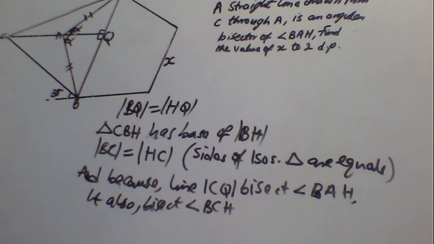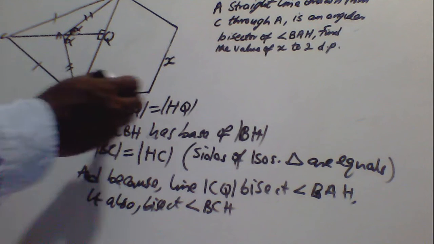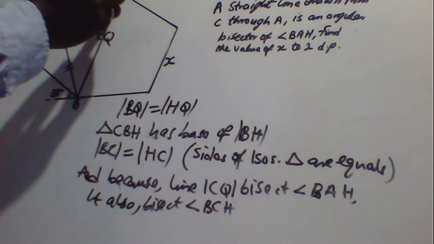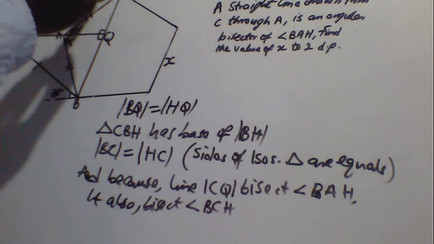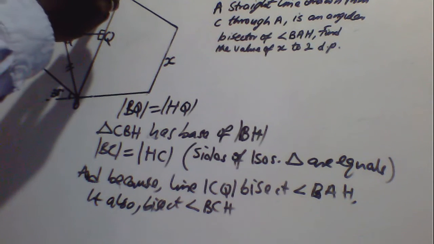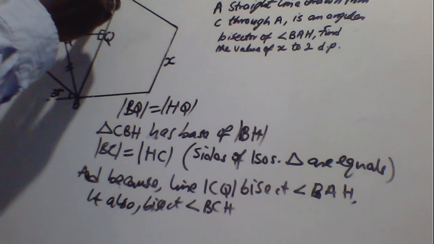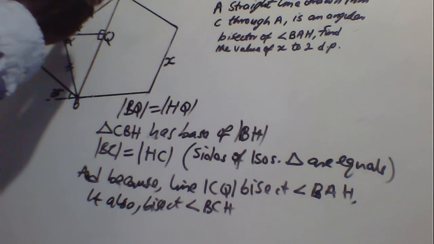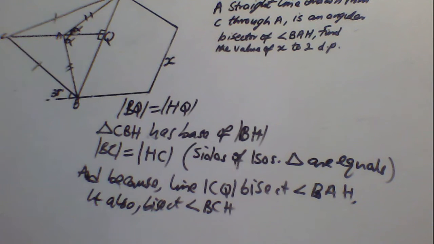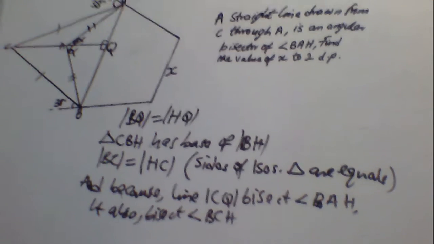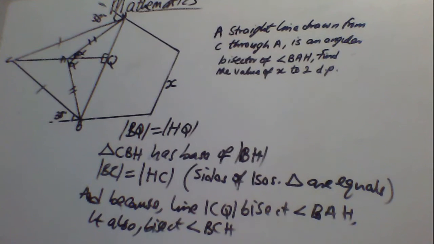So what am I saying? I'm saying that this side is also equal to this side. If I draw a straight line continuous here, and another straight line continuous here, the angle here must be equal to 38 as well. I hope you are seeing it.